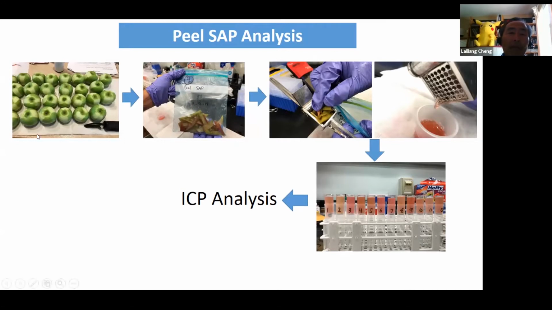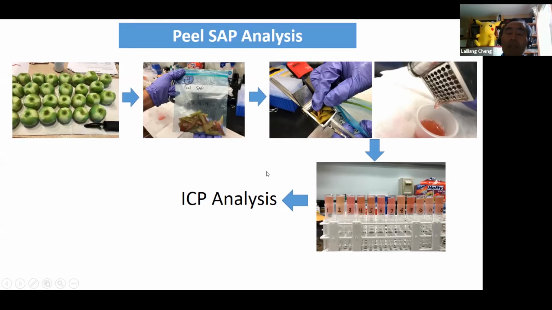Basically, you peel the fruit from the stem end to the calyx end on opposite sides, put them into a Ziploc bag, freeze the peel tissues at least overnight, and then thaw the tissue and, using a garlic press, you squeeze the sap out of the peel tissues, and then directly put the sap onto inductively coupled plasma atomic emission spectrometry for nutrient analysis.